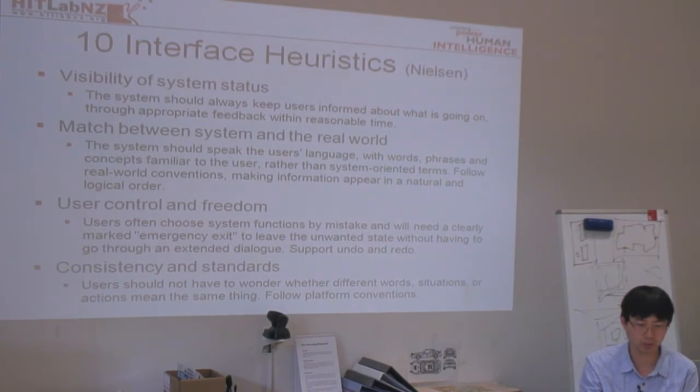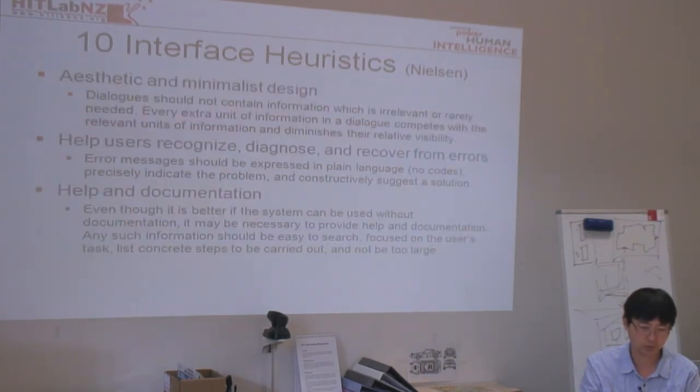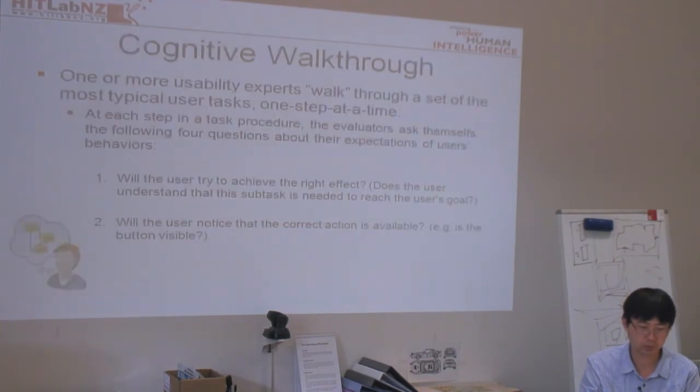So, for instance, when you are in a Word document, you should be aware of whether the caps lock is turned on or off, and so forth, or more with password typing, and match between the system and the real world, and so forth. So I won't be going through all of the details of these rules, so maybe just have a read of those rules by yourself later on. So I'll just skip those. So these are some examples of the rules.